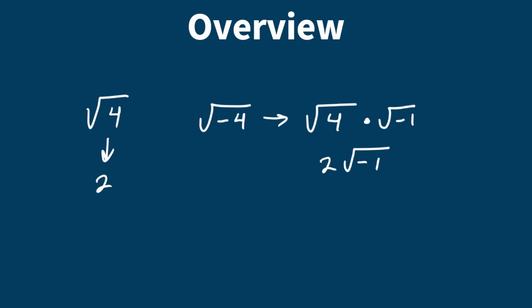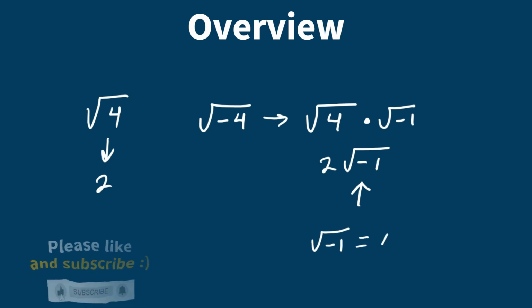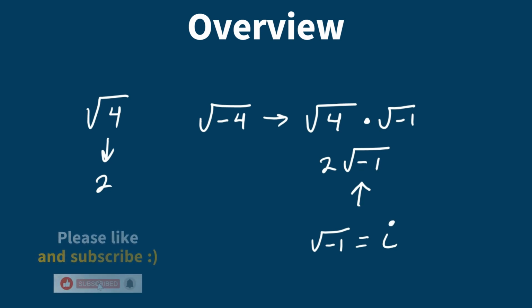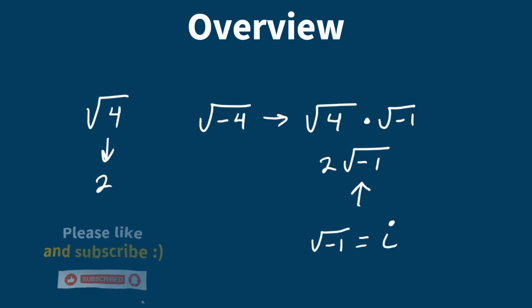Since you can't take the square root of a negative number, the square root of negative 1 is equal to what we call an imaginary number, which is i. We use i because writing the square root of negative 1 every time takes longer. So in math we make it simpler by just calling the square root of negative 1 equal to i.